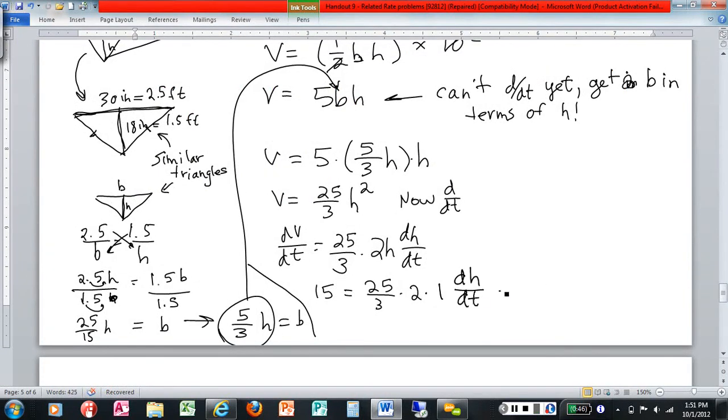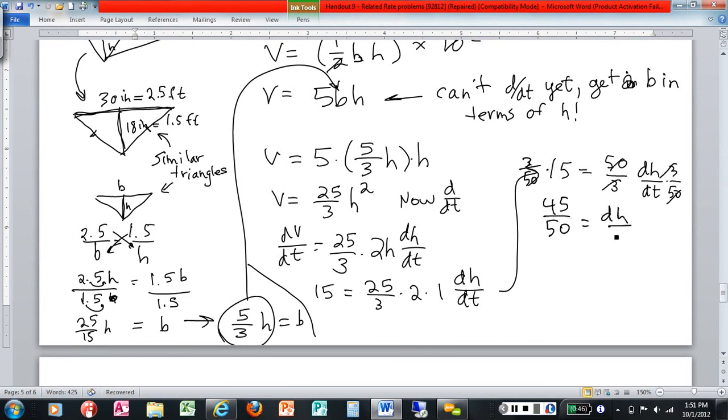So I get 15 equals, let's see, 25/3 times 2 times 1, which is 50/3, times dH/dt. A nice way to solve for dH/dt is to multiply both sides by 3/50. That gets me 45/50 equals, the 50s cancel, the 3s cancel, dH/dt.